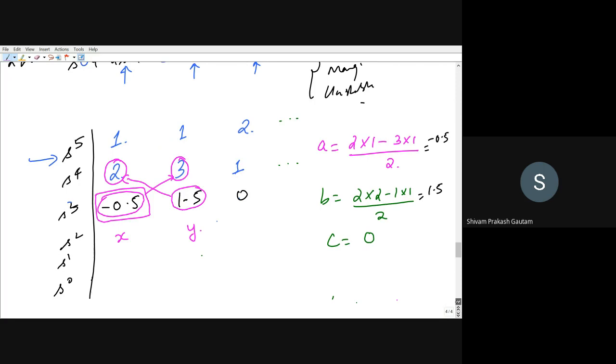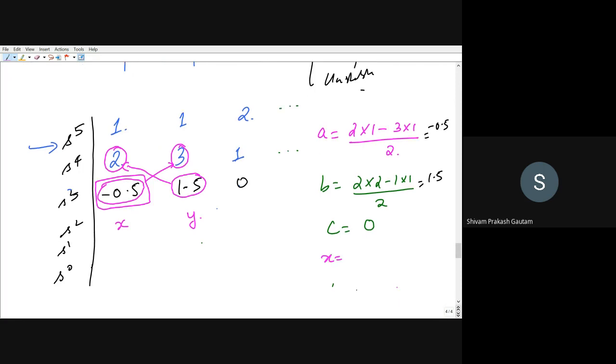Let me write it for x: x will be equal to minus 0.5 multiplied by 3 minus 1.5 multiplied by 2, whole divided by minus 0.5. And let me show how you can calculate y as well.